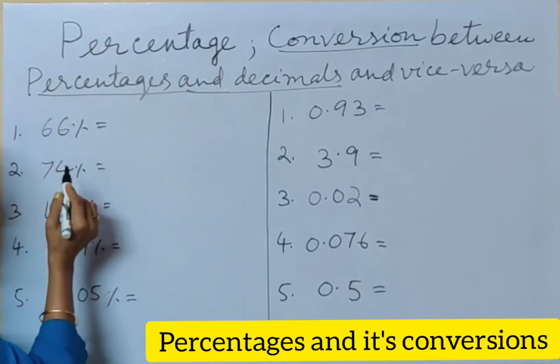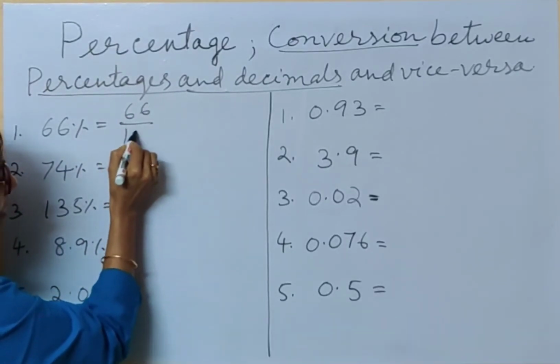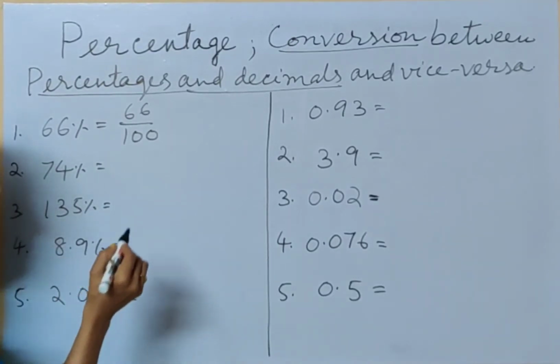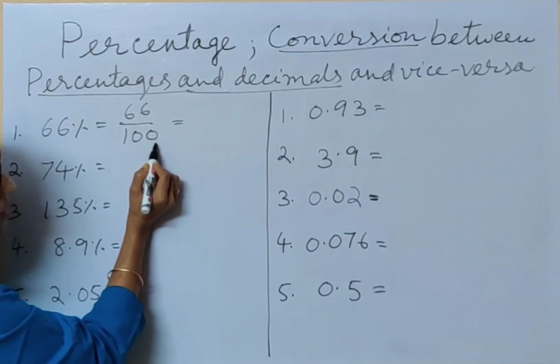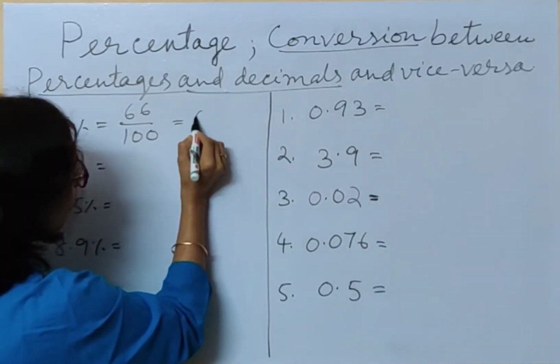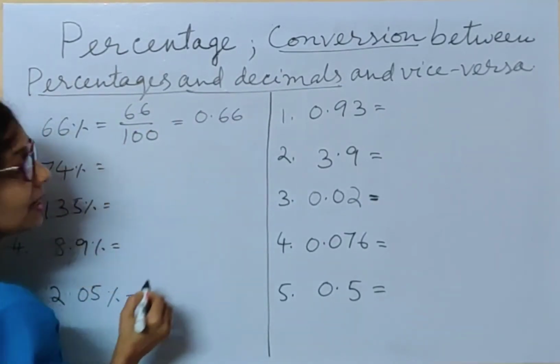So 66%. 66% is 66 by 100. Percent means we divide by 100. Now you see how many zeros are there? 2 zeros. So the decimal point will be placed 2 places to the left.